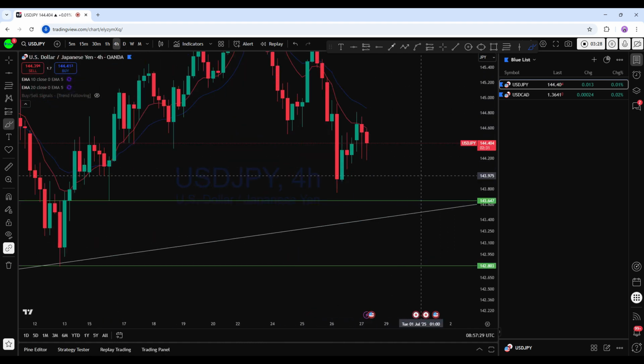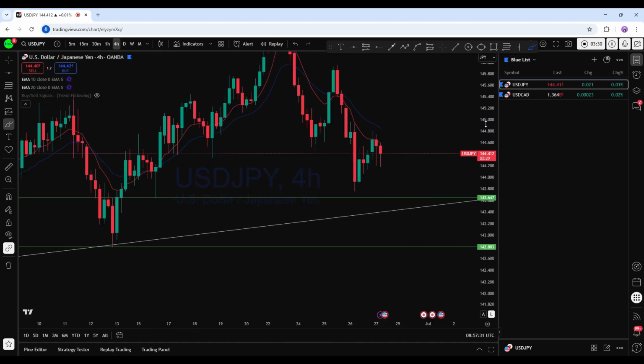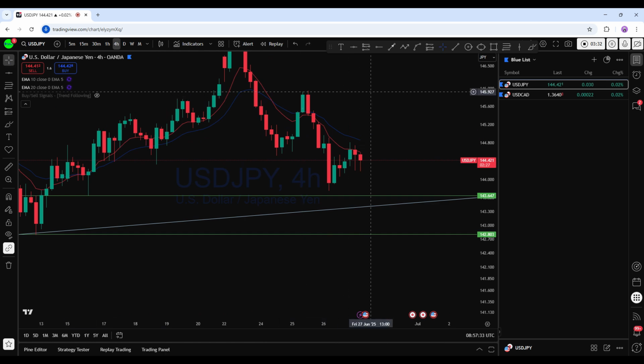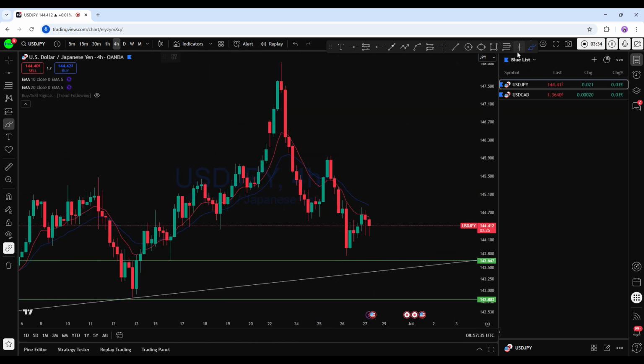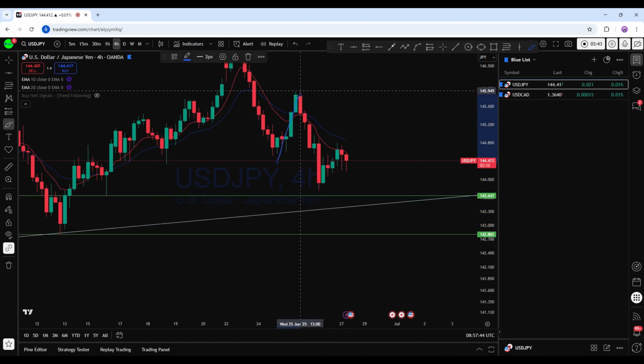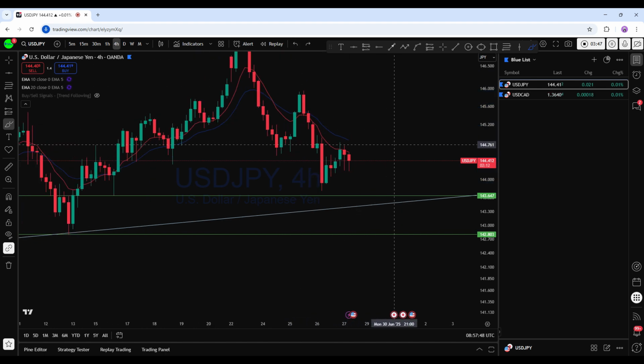So from the intraday time frame here on dollar yen, we can see it's showing a typical downtrending market structure. From here, this is a complete breakup structure, followed by a pullback and another drop, which shows a typical downtrending market structure.